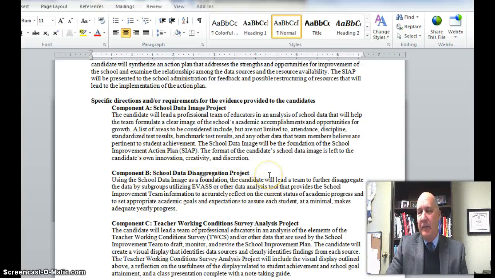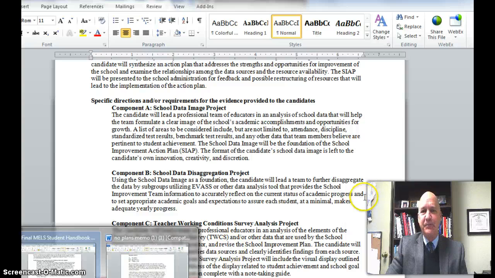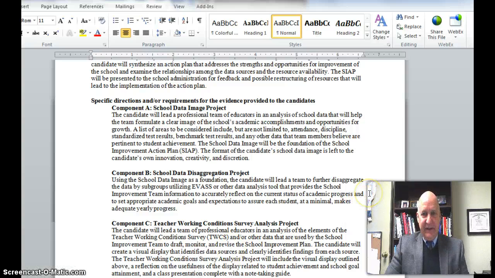Now, I'm going to speak from a model that I know. I worked and led schools in Wake County for a while, and we used a comprehensive needs assessment for the beginning of our data analysis for school improvement. The kinds of stuff that we gathered in the CNA is exactly the A and B student achievement data, attendance, discipline, standardized test result data.